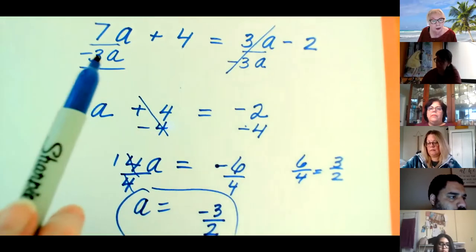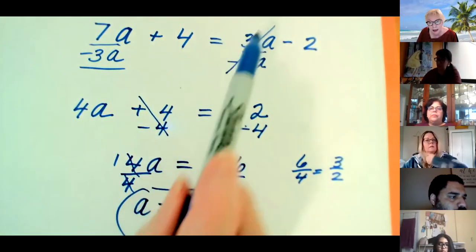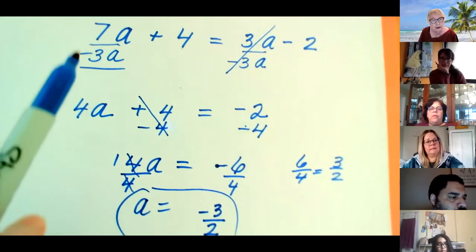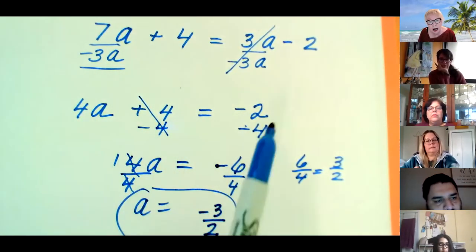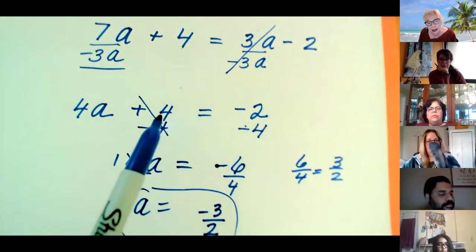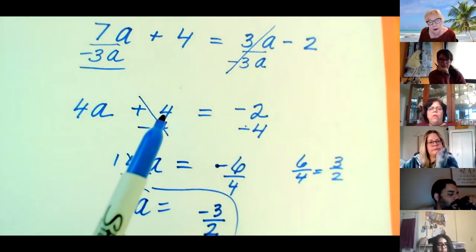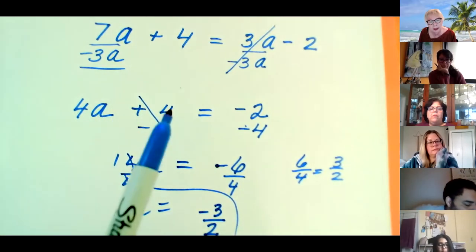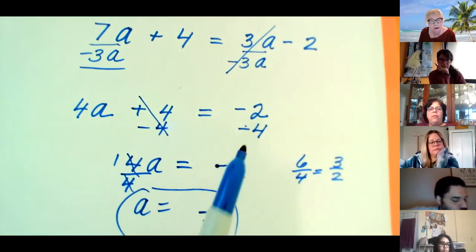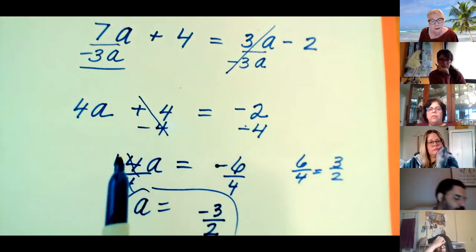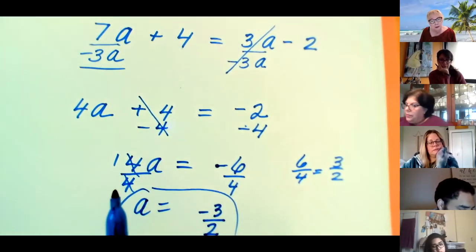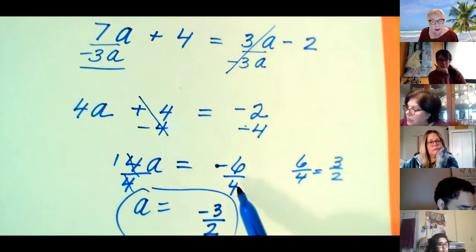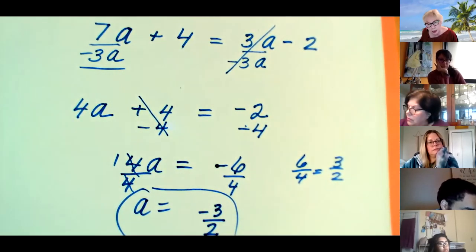I subtracted 3a from each side to take that out and have the letters only on one side. And so 7 take away 3 is 4a. I copied the rest. I then targeted this +4, the single number, the whole number, not the letter, but the single number. Take that out first. And then finally, I had the one step left to do, which turned out to be division, same number, and then I reduced it.